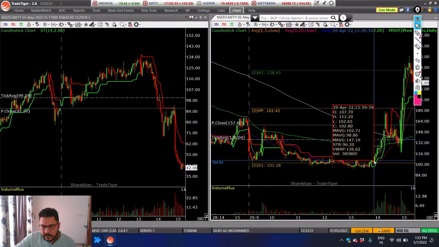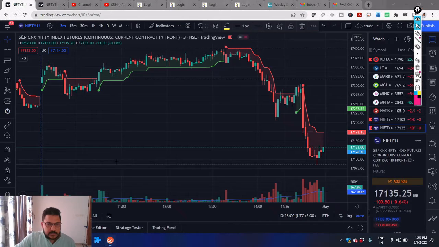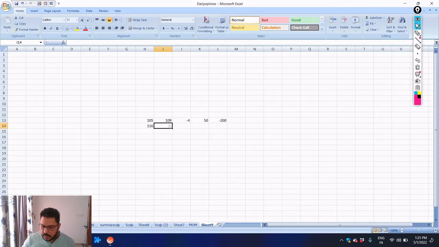And when did we exit? We exited here after the candle close at 106. Okay, so this is 106. So again, same thing. In this trade we made about 10 points.